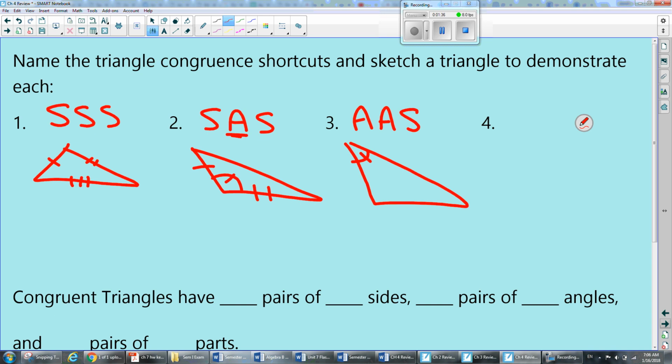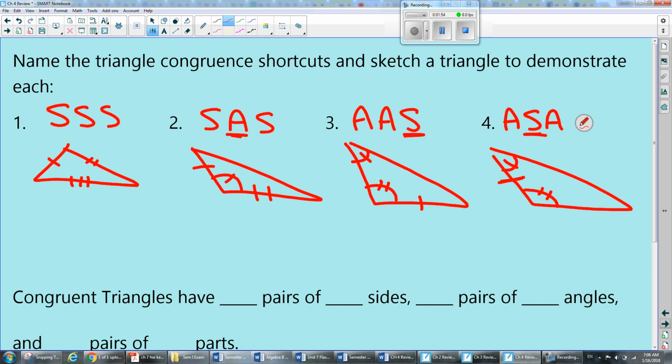So here's an angle, the side is not sandwiched in between the angles. And then the last one, angle, side, angle. This time the side is sandwiched between those two angles. It's in the middle of the angles.